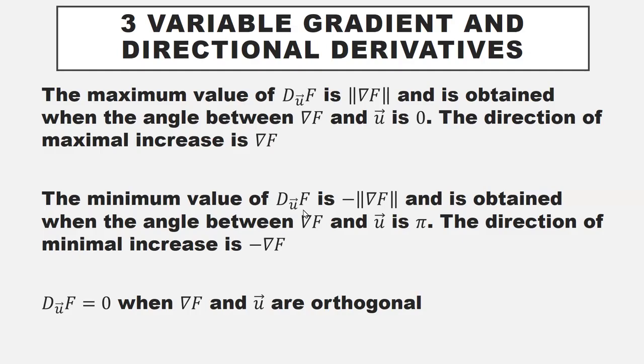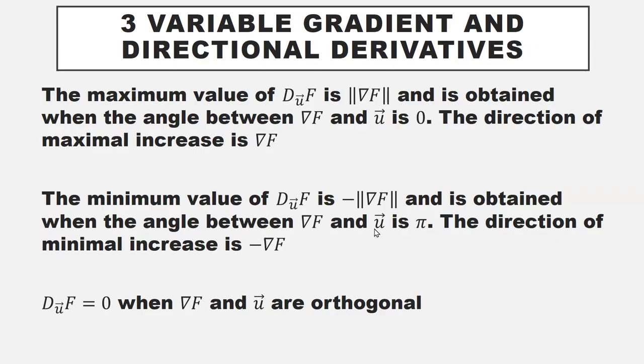In the same vein, the minimum value of the directional derivative is the opposite of the magnitude of the gradient, and it's obtained when the gradient and the direction of travel have an angle between them of pi, because cosine of pi is -1.